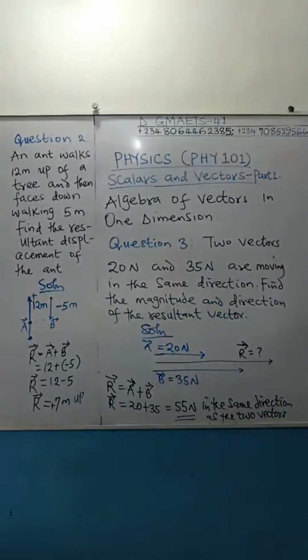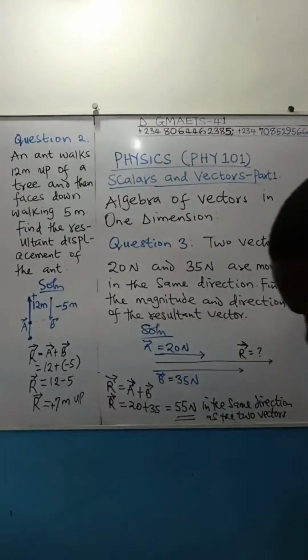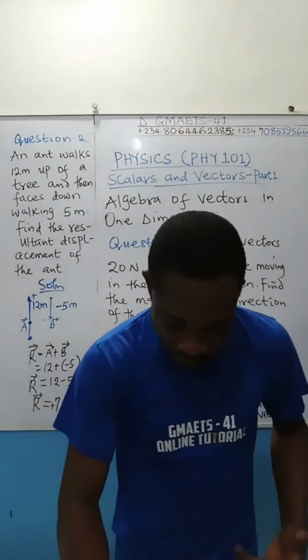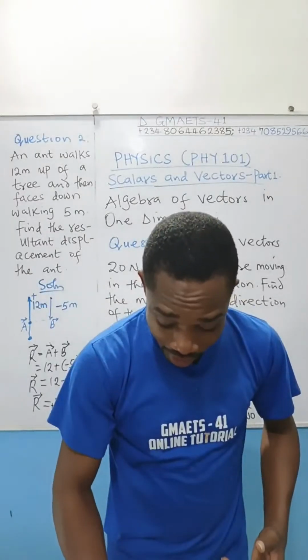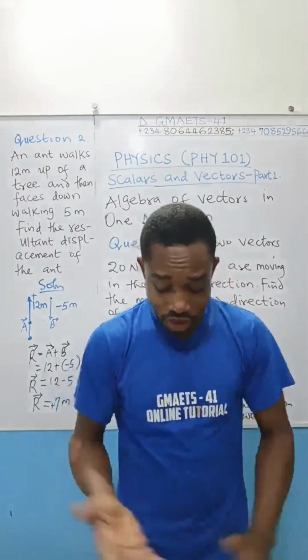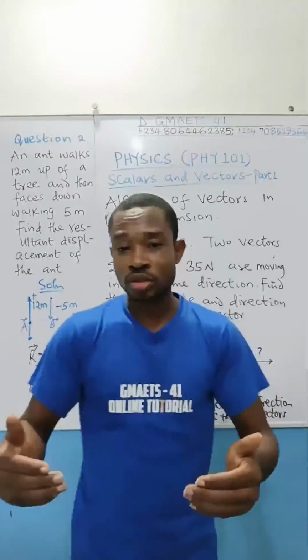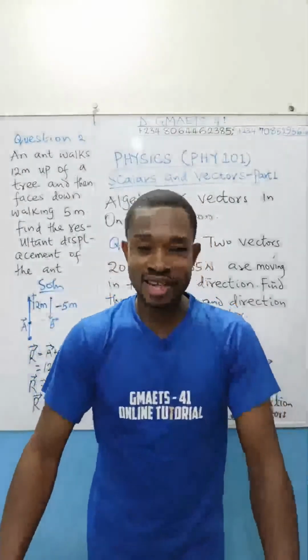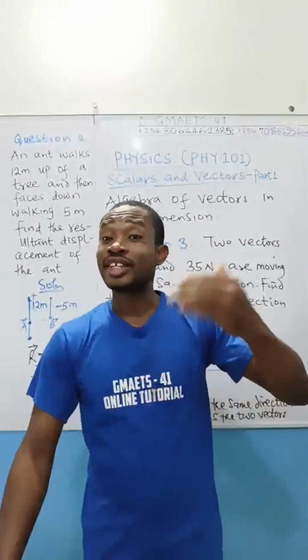Let me check the network situation. They've just restored the lights, okay? So I'm just trying to round off. The chemistry practical is volumetric analysis. That is introduction to titration.